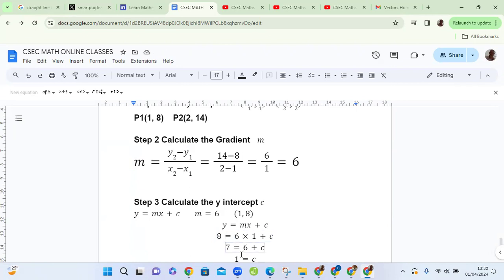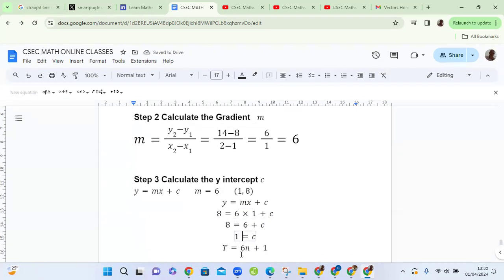So we have 8 minus 6, which will give us 2. So to find P for perimeter, P is equal to 6n plus 2.